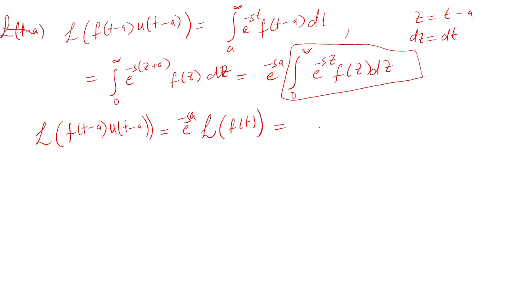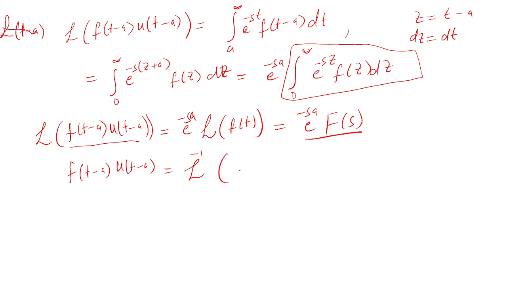This is the result. It can be written as e^(-sa) F(s). So this is the Laplace transform of the product of the function of t minus a and the unit step function u(t minus a), and f(t minus a) u(t minus a) should be equal to the Laplace inverse of this.